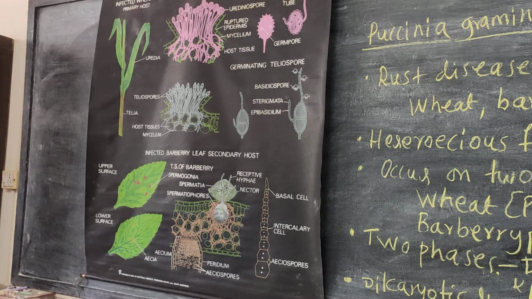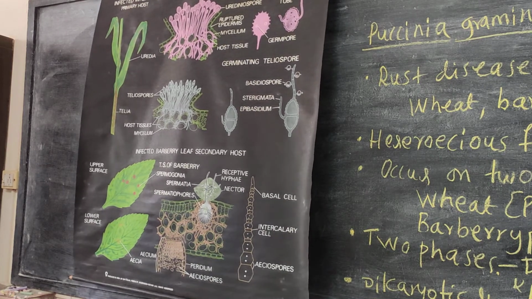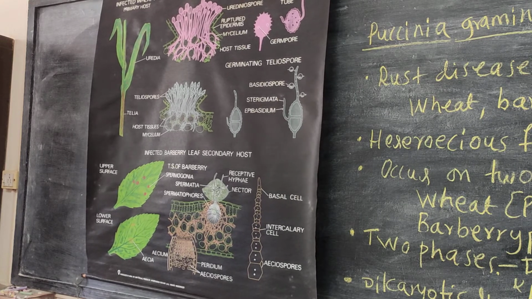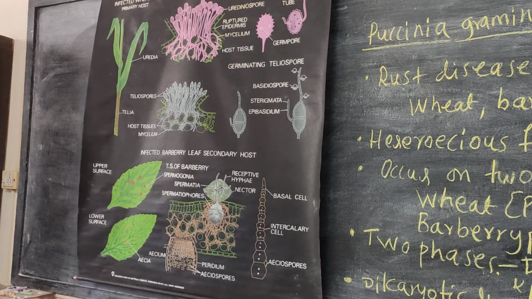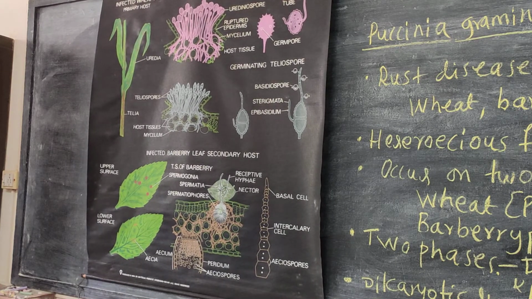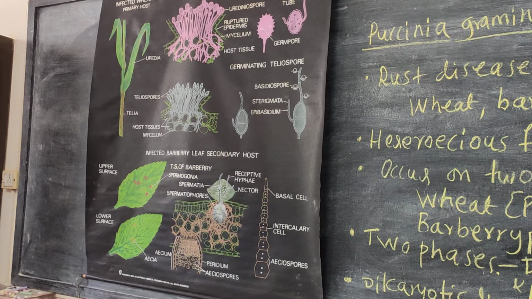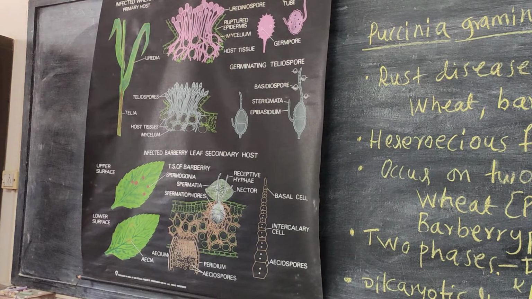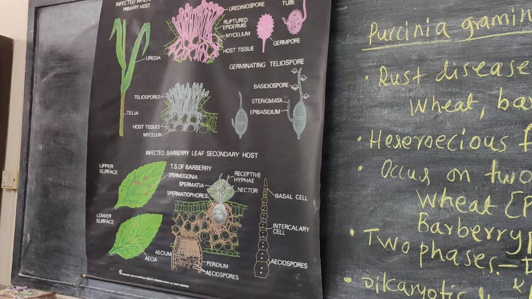Coming to the different stages, the wheat plant, that is Triticum aestivum, forms the primary host for the fungus. The dikaryotic mycelium found in the wheat plant gets profusely branched and septate, and the cells have two nuclei, a binucleated condition.